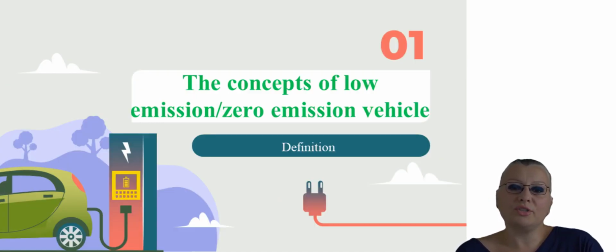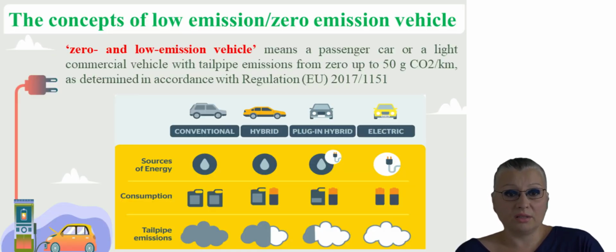Concept of low emission, zero emission vehicles. So, a zero and low emission vehicle means a passenger car or a light commercial vehicle with tailpipe emissions from 0 up to 50 grams of CO2 per kilometer as determined in accordance with Regulation EU from 2017.